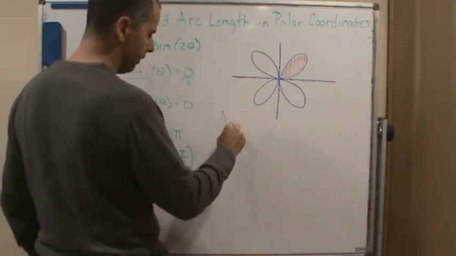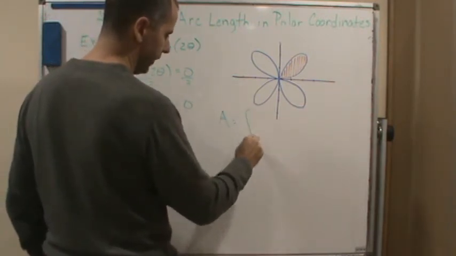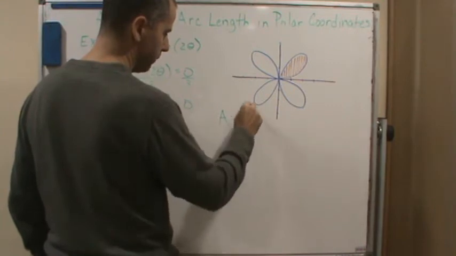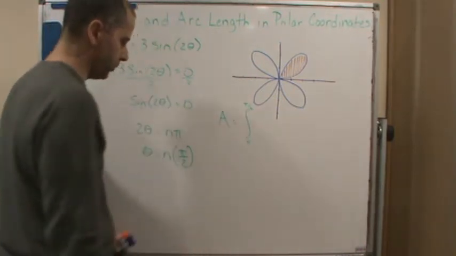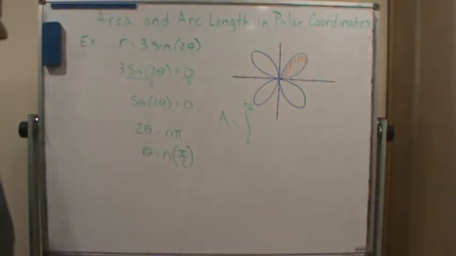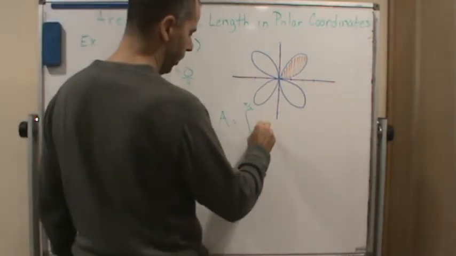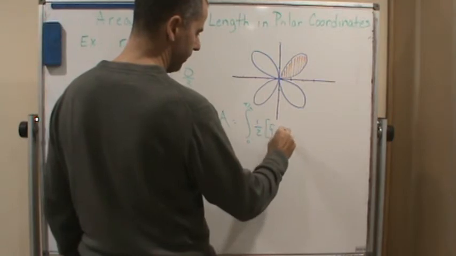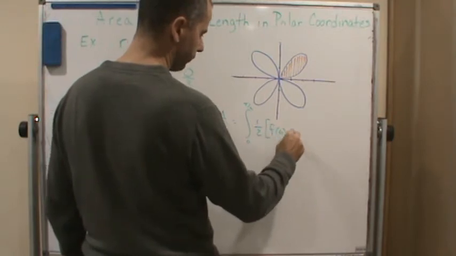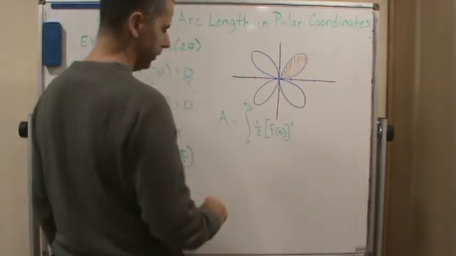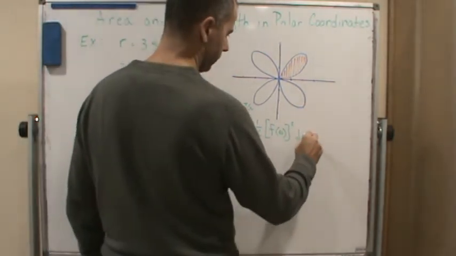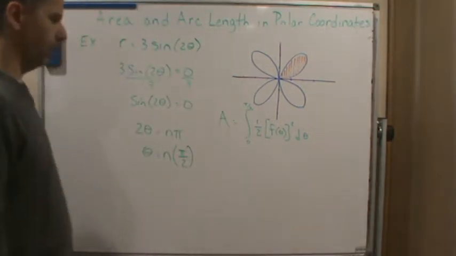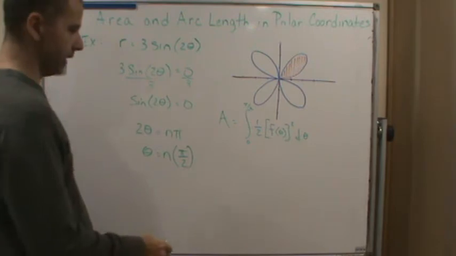Now that we know that, let's set up our integral. The area is going to equal the integral from 0 to pi over 2, which is what we just figured out, of 1/2 times f of theta squared d theta. The 1/2 can come out.